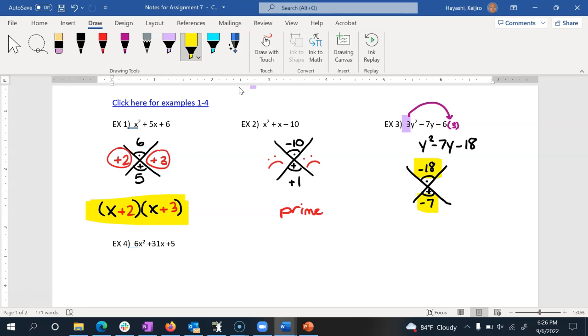If you have two numbers and they multiply to a negative number, that means one must be positive and one must be negative. Okay, so one positive, one negative. Now, they also add up to a negative number.